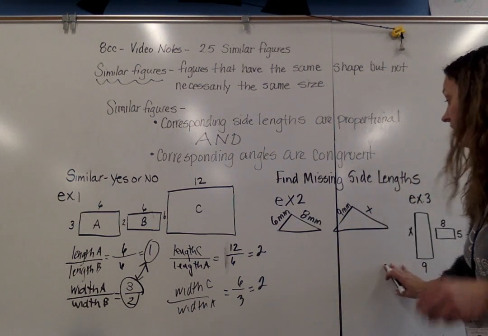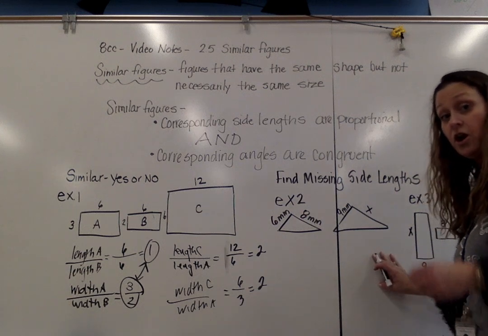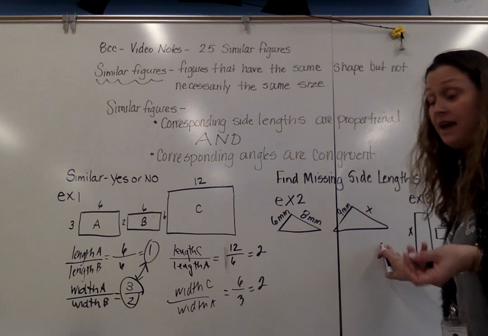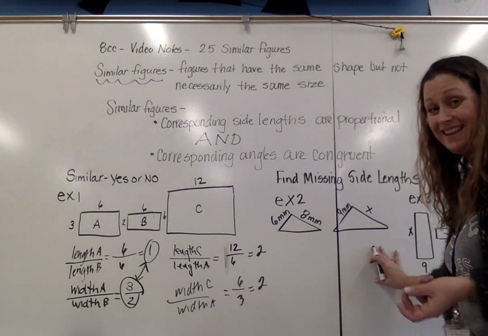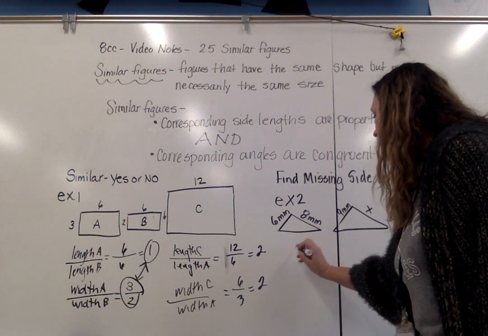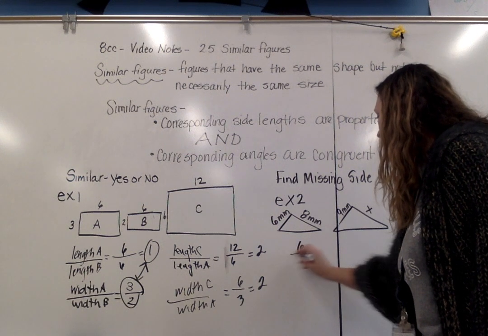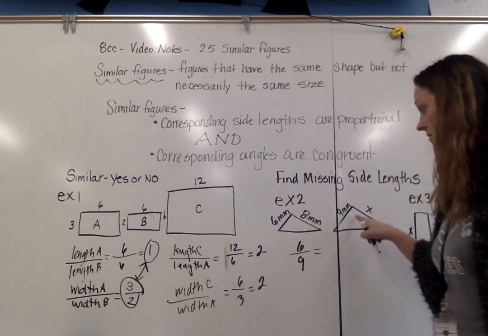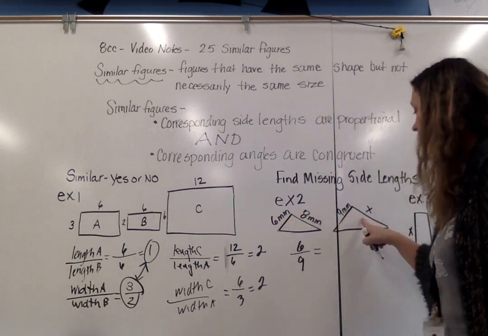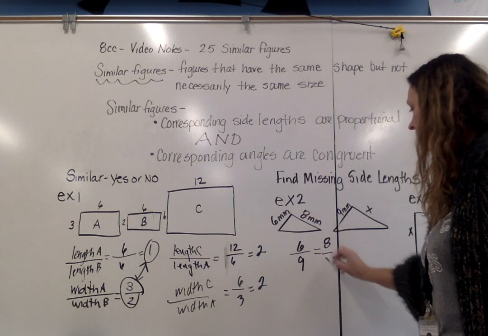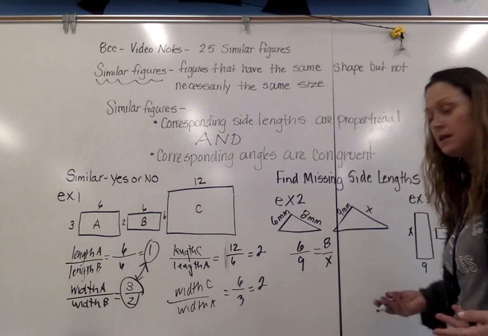I'm telling you they are similar. Because they are similar, they have corresponding angles that are the exact same, and the corresponding side lengths are proportional. So if I say side 6 corresponds with 9, because they're the same location on the different figure, I would say 8 corresponds with X, the missing side.